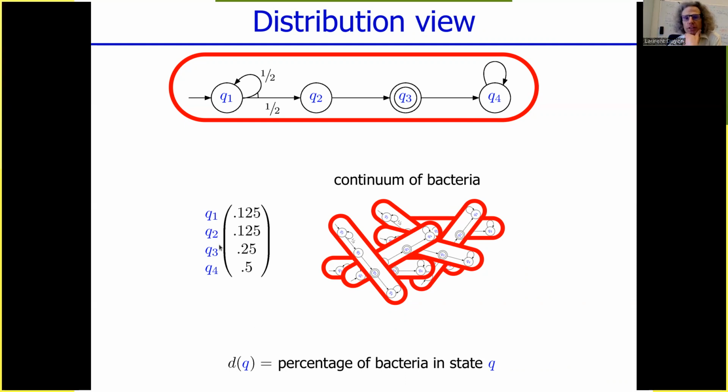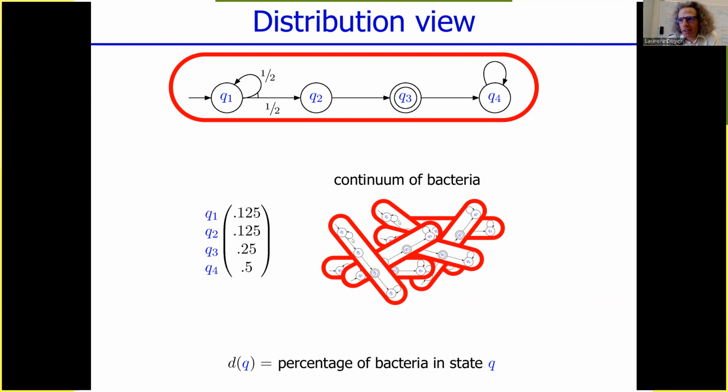For example, this distribution says that 1 quarter of the bacteria are in Q3, and 1/2 of the bacteria are in Q4, and so on. It's a bit like in chemistry, where you don't count the number of molecules in your system, but you talk about the concentration of a substance. Here it's the same thing for bacteria.